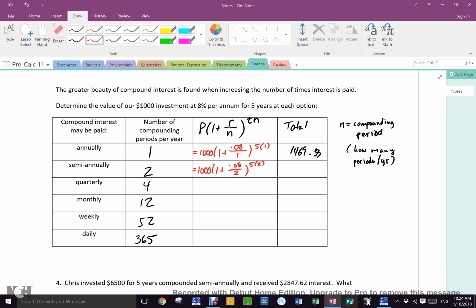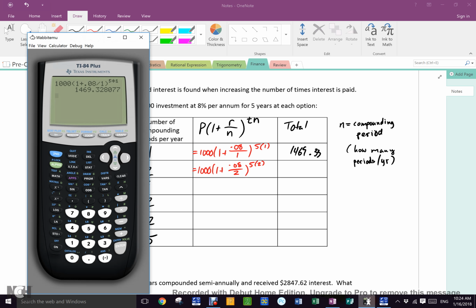Now, if you don't have one of our calculators like this, you can still do this in one step, especially if your calculator writes it out like this. But if you have one of those really old-fashioned calculators that doesn't, or you're using the calculator that came with your phone, it's hard to do. Then you got to go step by step. I do the brackets first, then exponents, then times 1,000 if I'm doing it step by step.